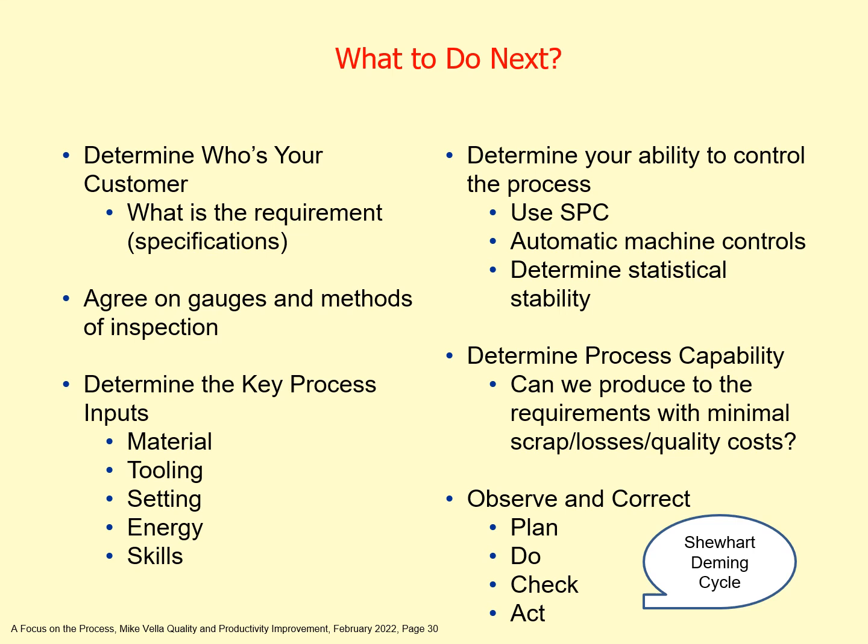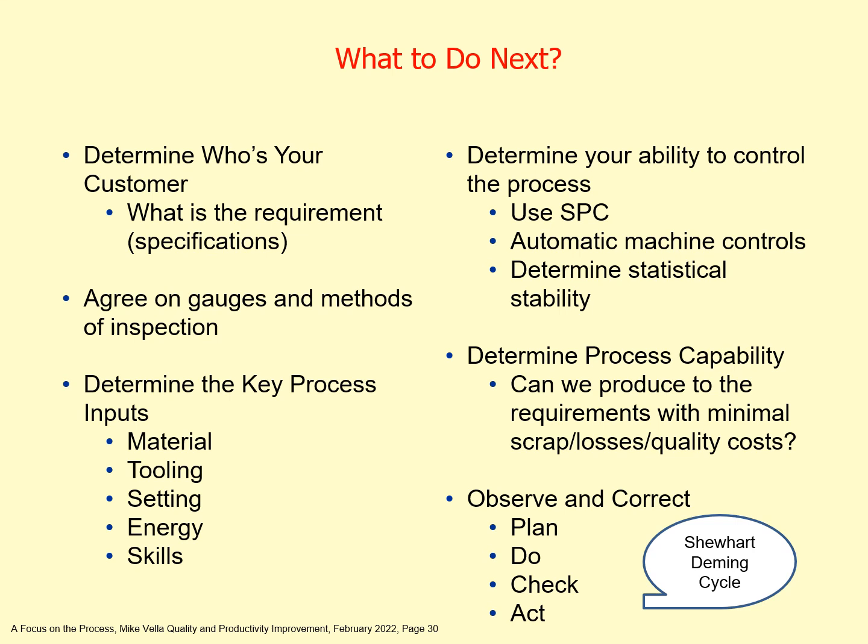So what do you do next? Determine who is your customer. What is their requirement? You've got to understand what the customer expects from you. You have to have an agreement on gauges and methods of measurement. Oftentimes, you may have to build a gauge for your customer, or your customer may build a gauge for you if they specify things that closely.